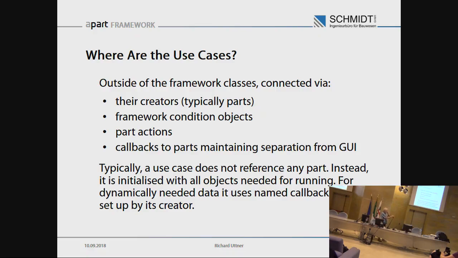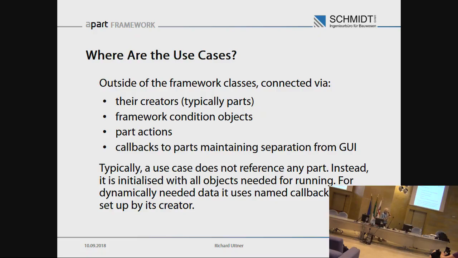How does it come from the GUI over the model that reacts to the button and ends up in the action? Even the action is a class of the aPart framework, but what the action does is totally free, of course.